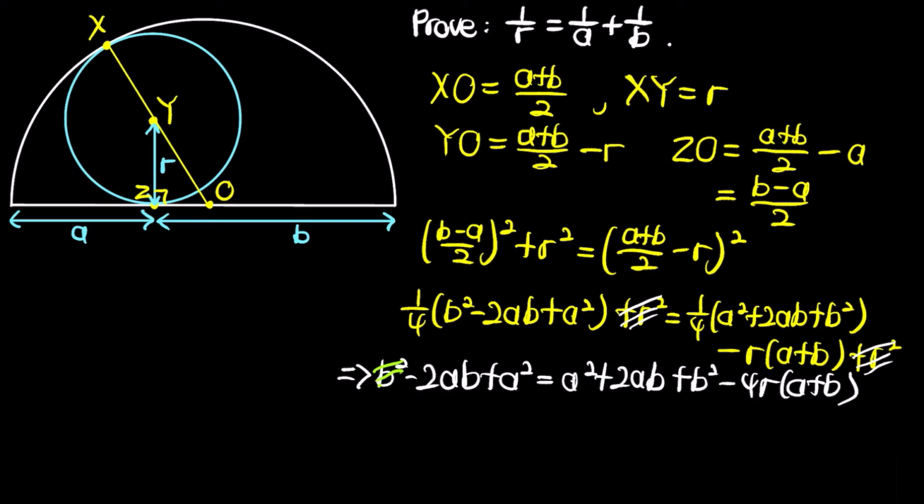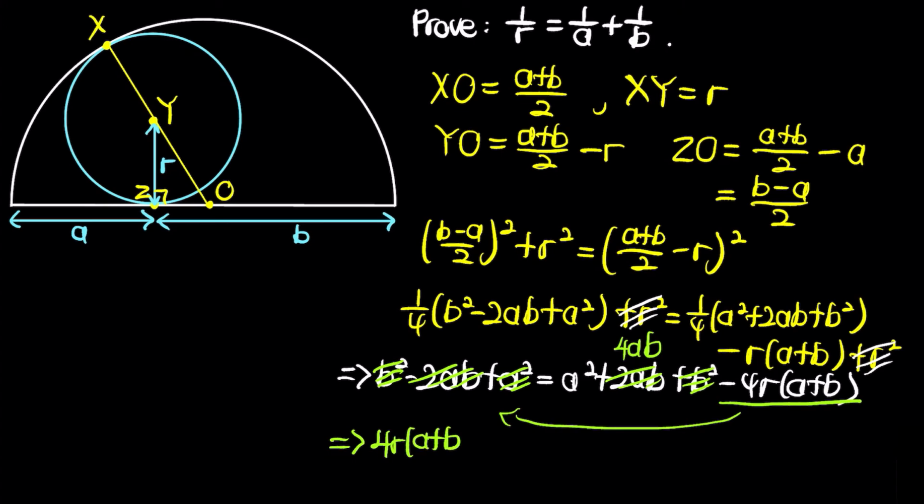Cancelling off the common terms, which is b squared over here and also a squared, and this negative 2ab can make this into a 4ab on the right hand side. And then we'll move this minus 4 times r times (a plus b) to the left hand side, which will make this whole equation into 4r(a plus b) is equal to 4ab.